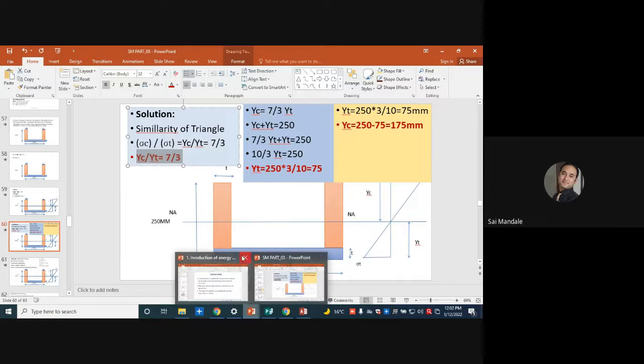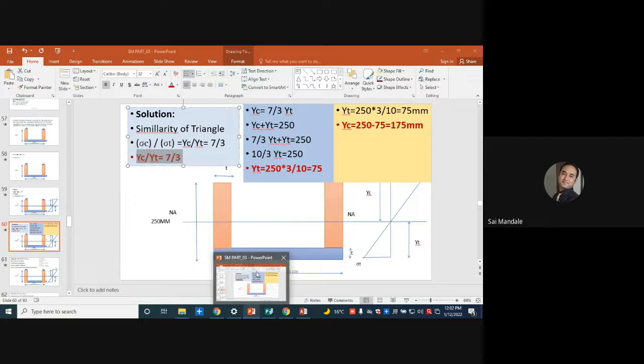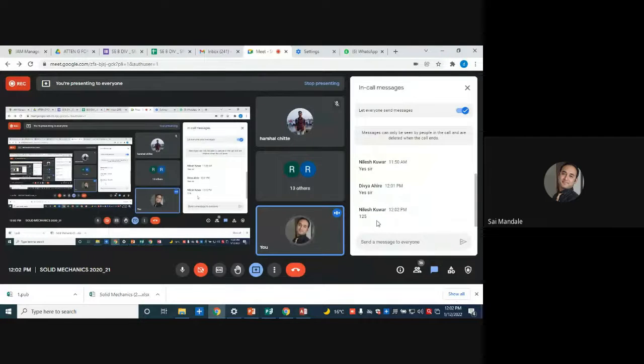Nilesh Kuvar is saying 125. Rushikesh is saying either 125 or 75.